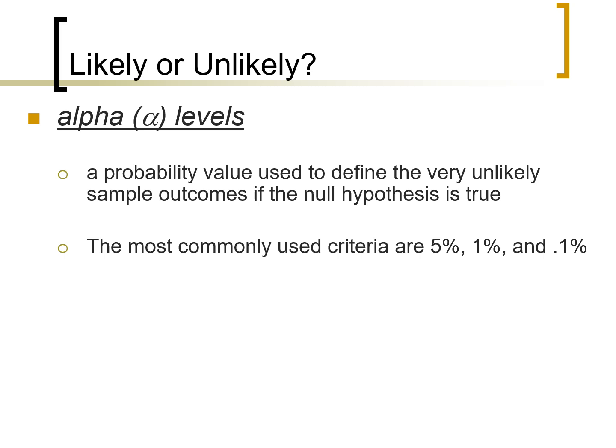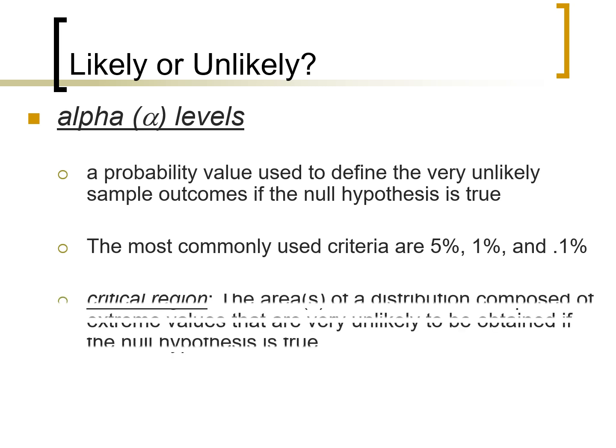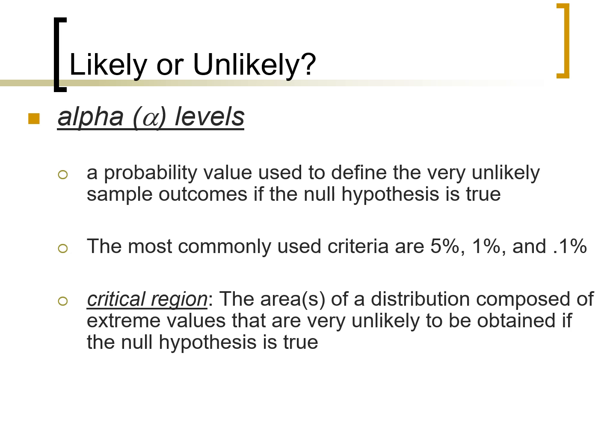The most commonly used criteria are 5%, 1%, and 0.1%. As I hinted earlier, we call this area the critical region, those extreme areas on the outer edges of the distribution. Do we have, for example, 5% of the distribution in our critical region, or do we get down to only 1% or 0.1%?